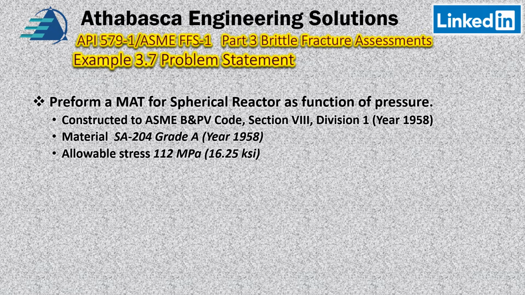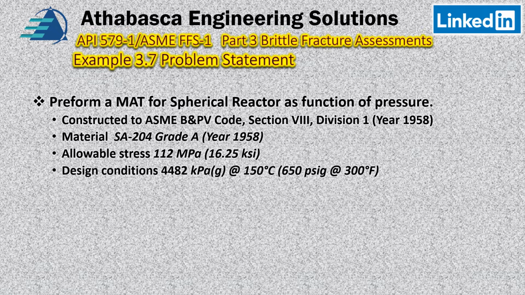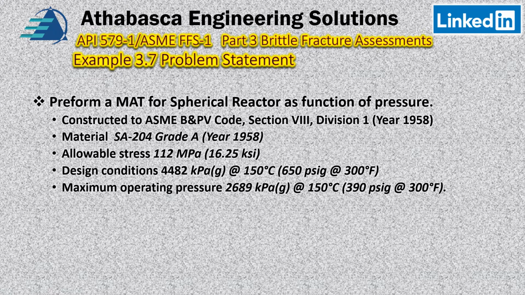The data we have is 112 megapascals, 1625. Design conditions are 4482 at 150 centigrade, and 650 psig at 300 Fahrenheit. The maximum operating pressure is 2689 at 150 degrees centigrade, or 390 psig at 300 Fahrenheit.